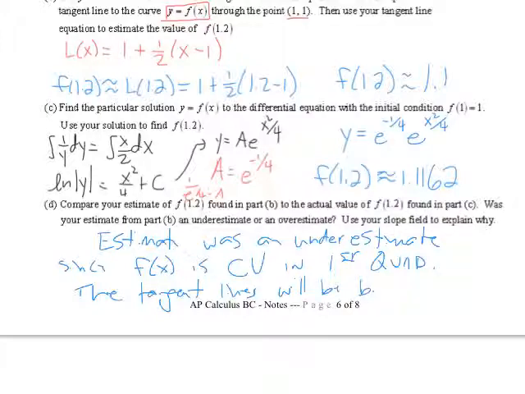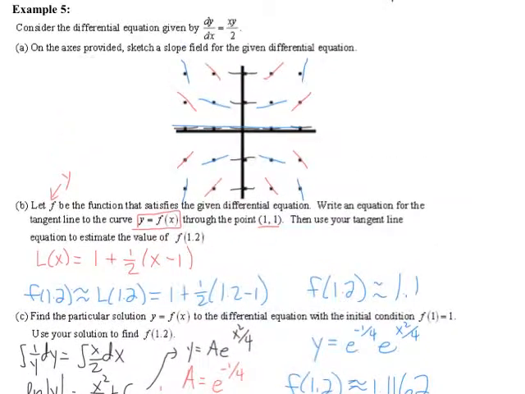They will be below the function. And the reason that I knew that it was concave up in the first quadrant is you can see that as we move to the right, our slope is increasing. As we move up, our slope is increasing. As we move diagonally upwards and to the right, our slope is increasing.